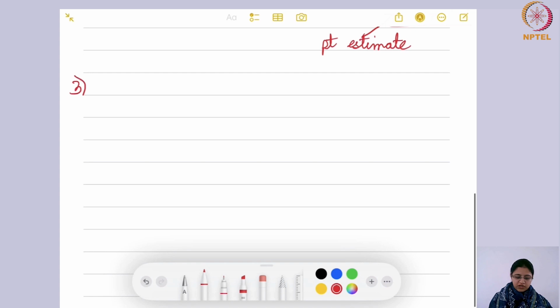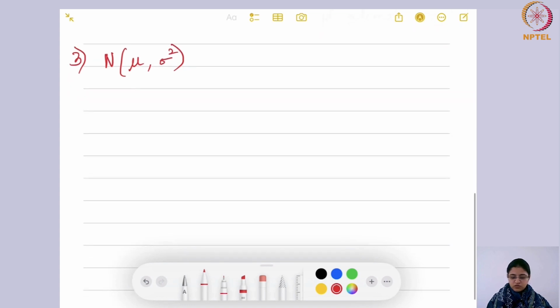The next distribution that we had was the normal distribution, with parameters mu and sigma square. In this case, as you can see, you have 2 parameters, so you would have to compare 2 population moments and 2 sample moments. Let us consider the first one.